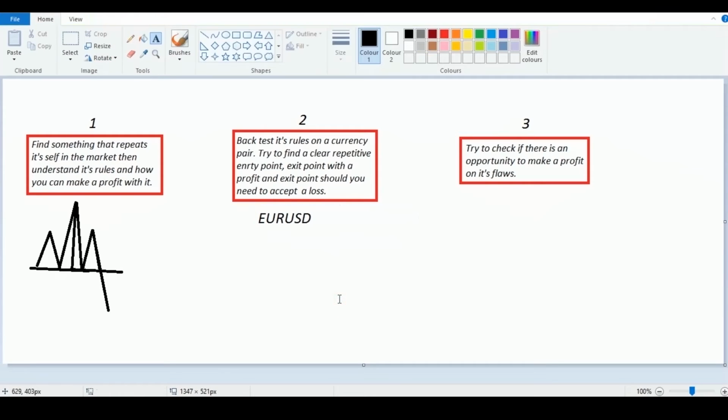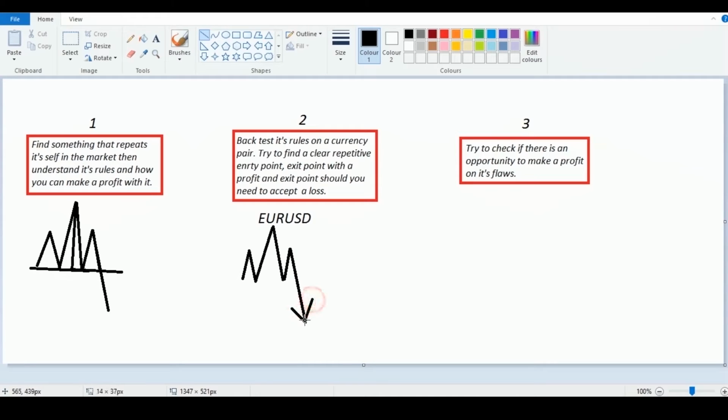Right? For example, by you figuring out, okay, this head and shoulders pattern, I need to spot, this is what it looks like. It looks usually like 3 spikes. So I have found its clear repetitiveness, and I have got a clear repetitive entry point.